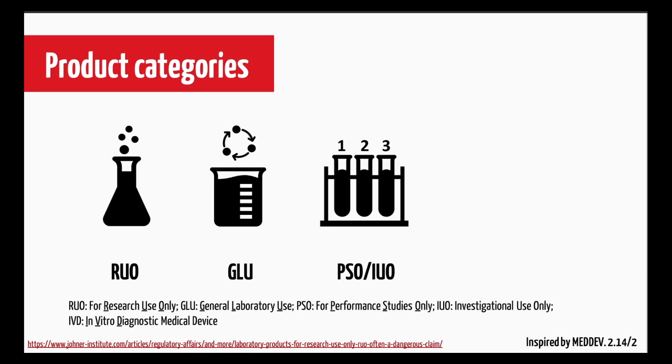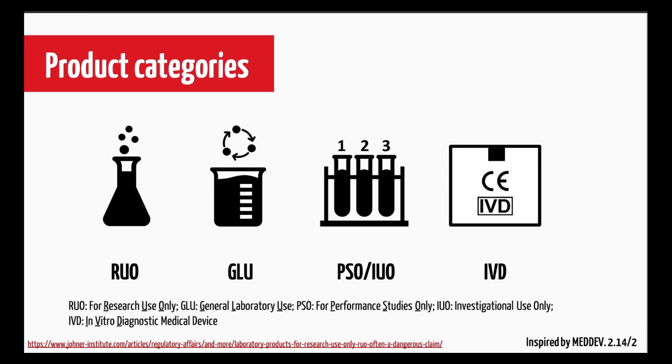So all the safety aspects and general requirements outlined in Annex 1 of the IVDR, for instance, have to be fulfilled for these products. But obviously they cannot have the final analytical and clinical performance characteristics.